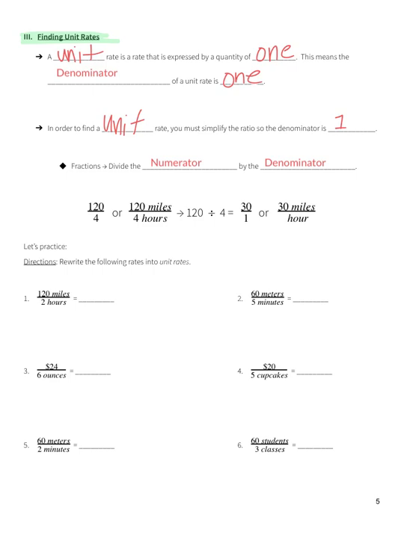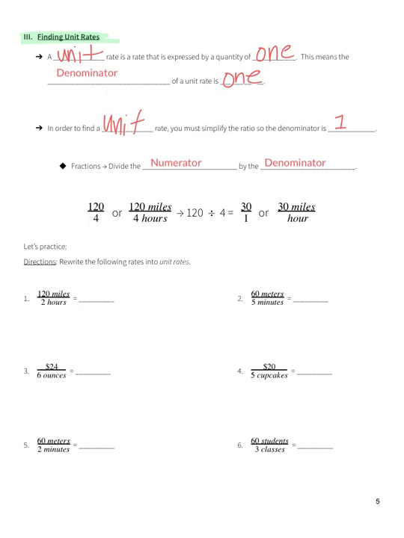So the big thing: a unit rate is per 1. You divide the numerator by the denominator. The denominator is always 1. If we look at this example, we have the rate 120 over 4, and we're thinking of this like you traveled 120 miles in 4 hours. We want to figure out how fast you drove per hour.